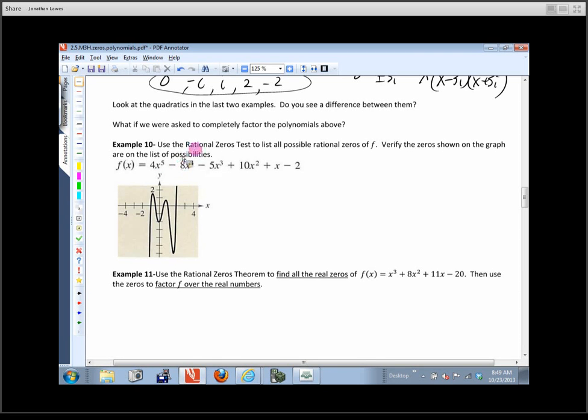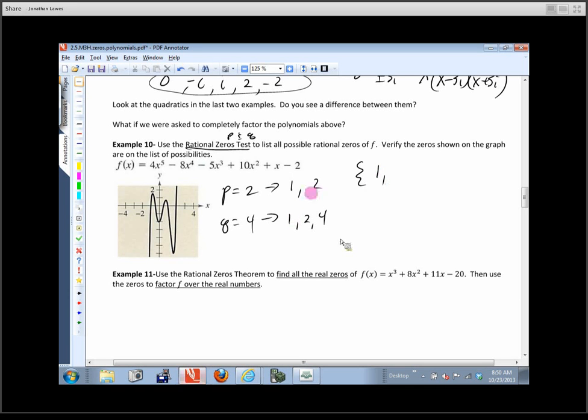Okay? It says use the rational zeros. Now, if I say rational zeros test, you think P and Q. So on this problem, what is P? P is the number on the end. Whether you use the sign there or not, I don't care. What's Q? 4. Okay? Write down the factors for each one of them. 1 and 2. 1 and 2 and 4, right? Let's start our list. Our list is going to be 1 over 1.